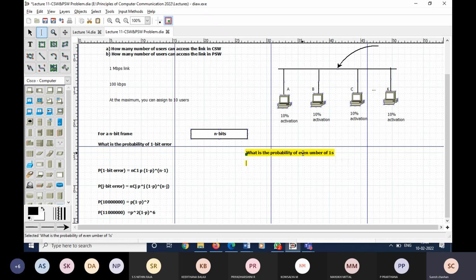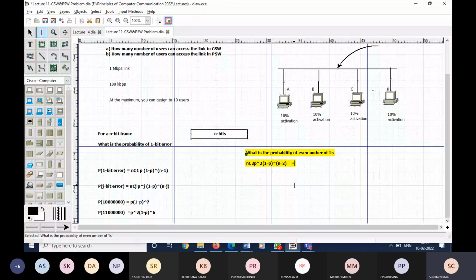Two is the first even place, so n choose 2 p squared into (1 minus p) raised to n minus 2. Do you want me to write it? Students: Sir, please write. Okay. N choose 2, p squared, (1 minus p) raised to n minus 2.